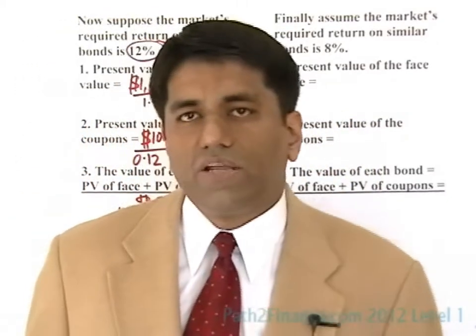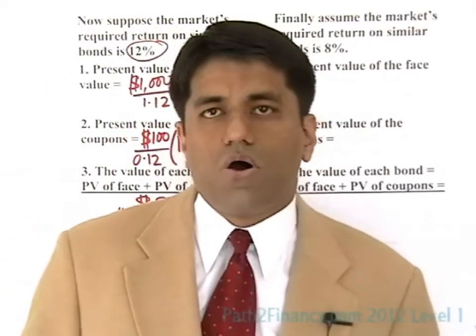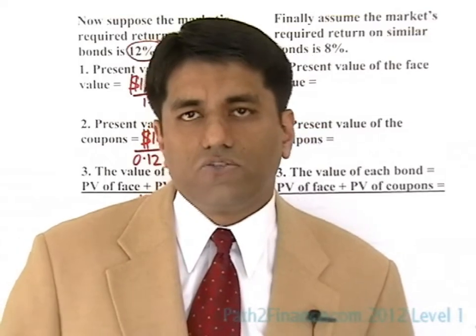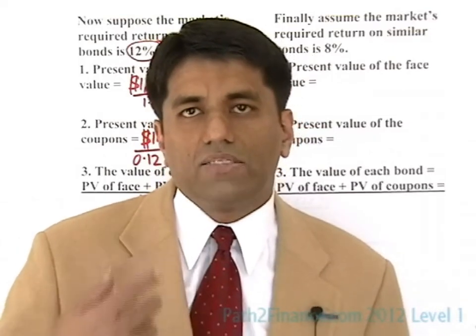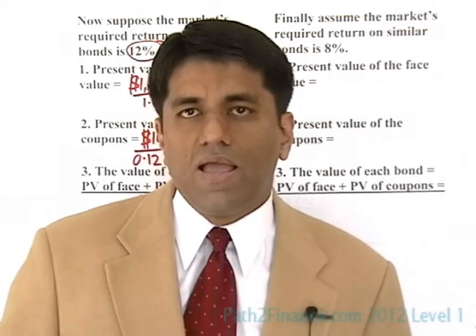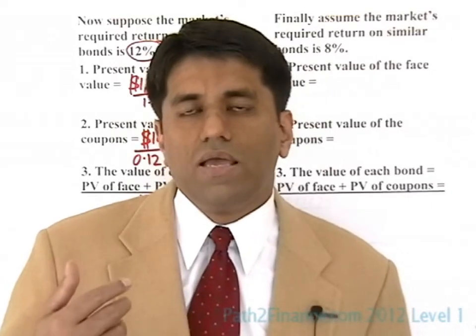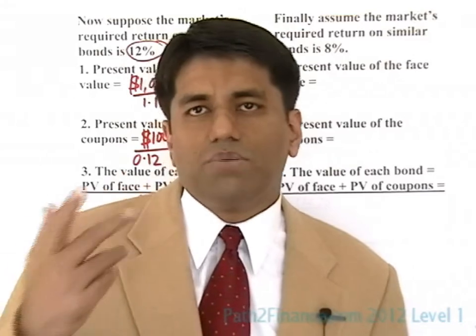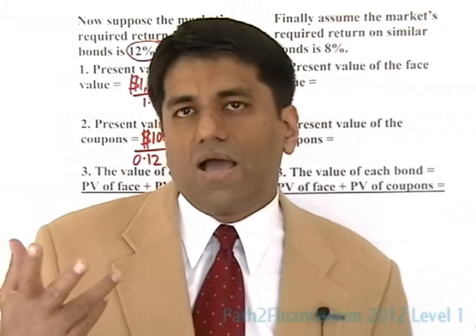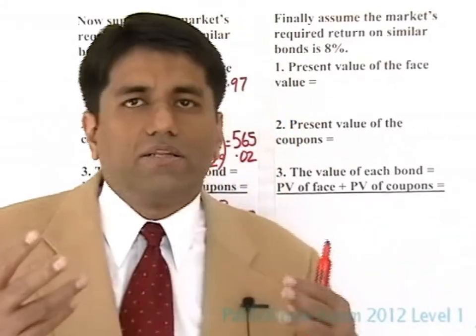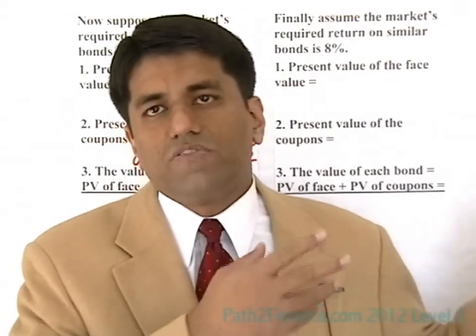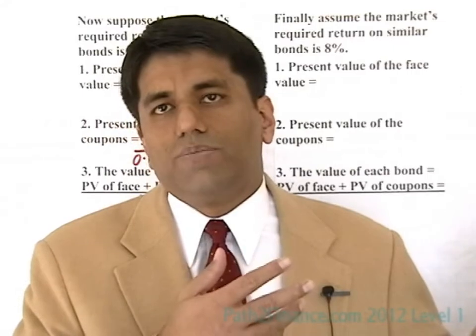Another way you can think of it is that you have this bond, you bought it for 1,000 when the rate of return was 10%, and now you're trying to sell it, and let's say I'm the buyer. I'll say, if I buy it from you for 1,000, it's going to give me 10% rate of return, and I need 12% because in the market the rate of return right now is 12%. I can go out and buy some other bond of similar riskiness and get a 12% rate of return.